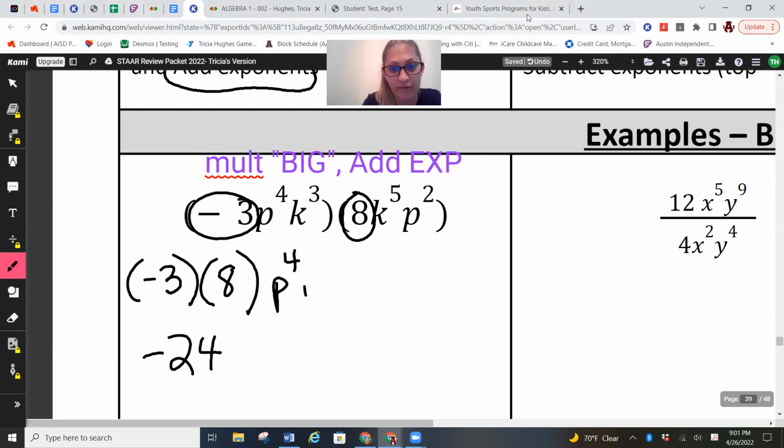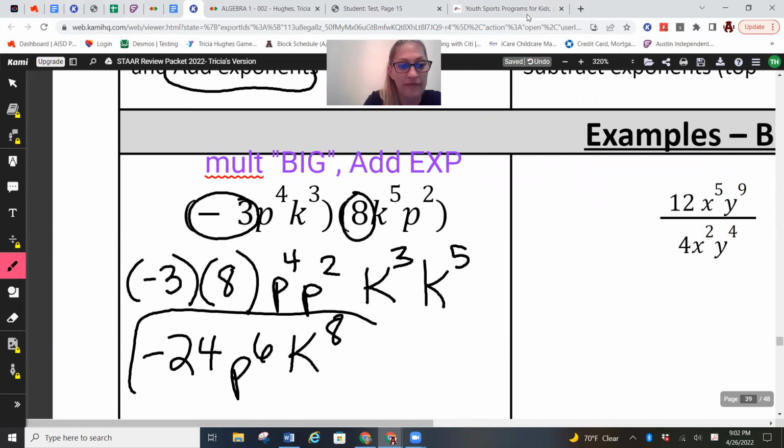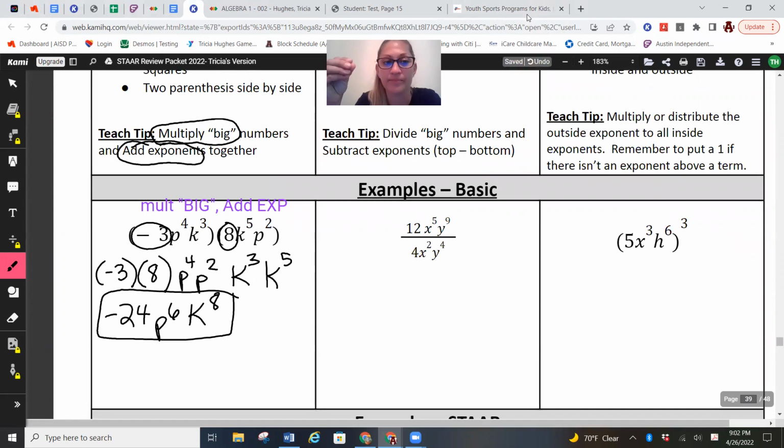Well, I'm going to take p to the 4th and p squared, and since they're both a p, I'm going to add exponents. And then I'm going to take k cubed and k to the 5th. Since they're both k's, I'm going to add exponents. That would be your final answer. This is a basic example of multiplication. When we see multiplication, we multiply the big numbers, but we add the exponents.